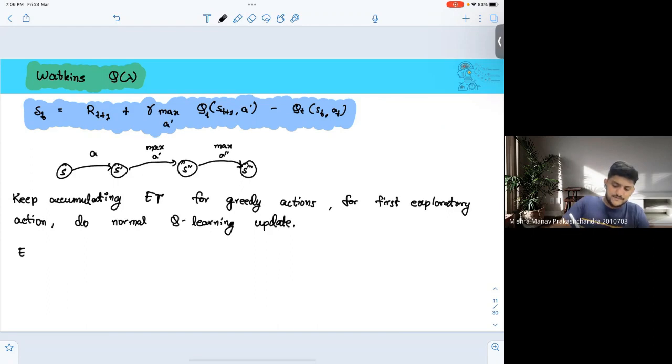So the eligibility trace update looks like this.